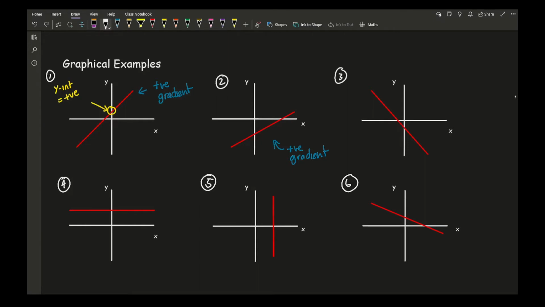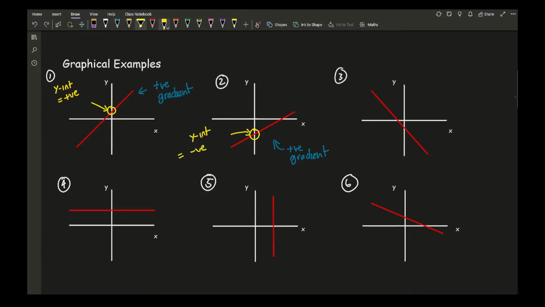So graph 1 would have a larger positive gradient than graph 2. And the y-intercept is going to be here. In this case, because it's below the x-axis, it's going to be negative.